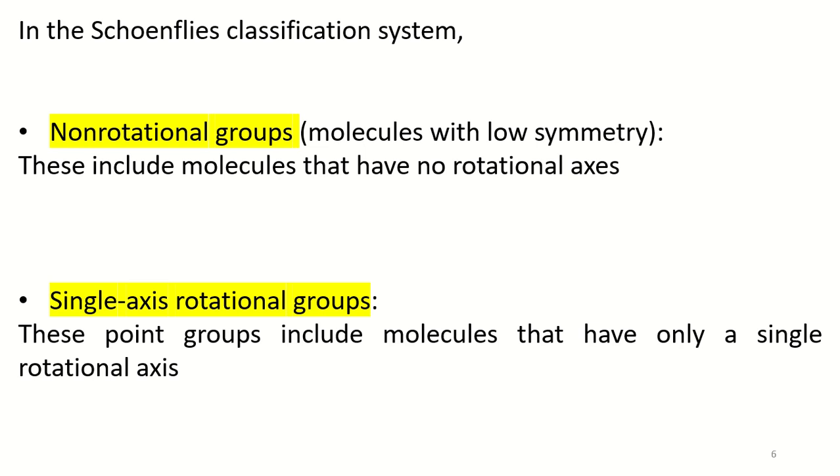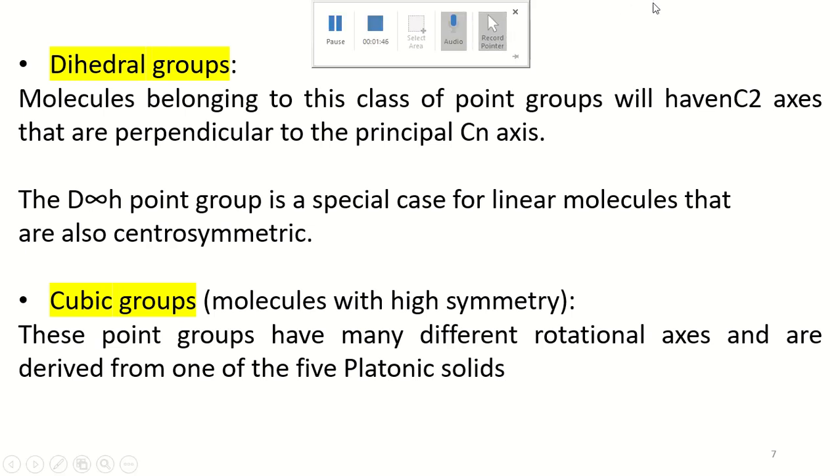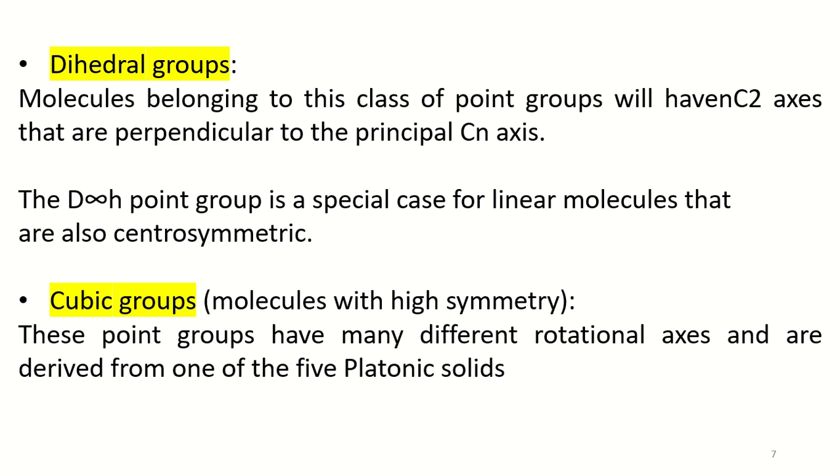We discussed the non-rotational groups, which are the low symmetry molecules, then single axis rotational groups, the third one was the dihedral groups, while the last one is the cubic groups. So far we have discussed all four types of point groups in detail, and now we will learn how we can apply them to different molecules, and how we can predict the molecular point groups of different molecules in a quite comprehensive and easy way.